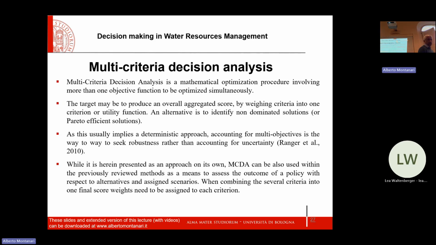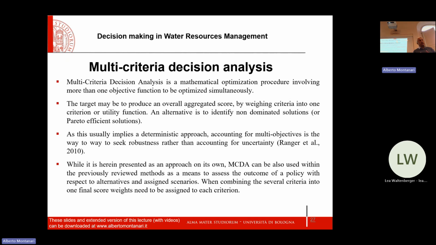And while I talk currently at the blackboard, so what is a logical way of extending mono-objective optimization? The obvious way to extend it is to extend the number of objective functions.